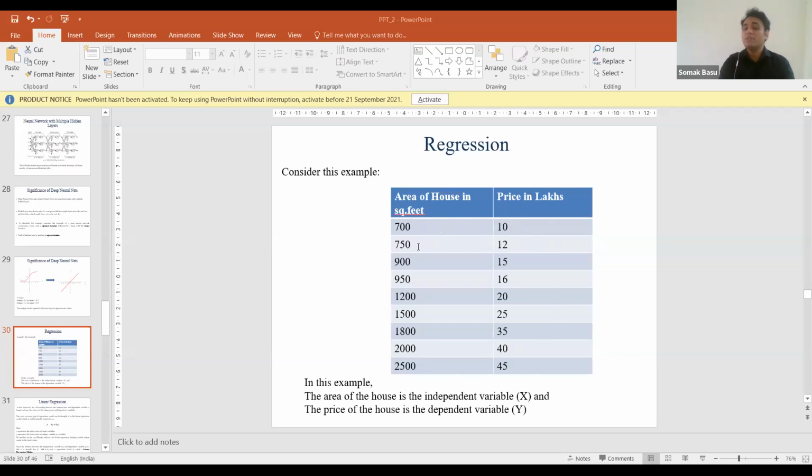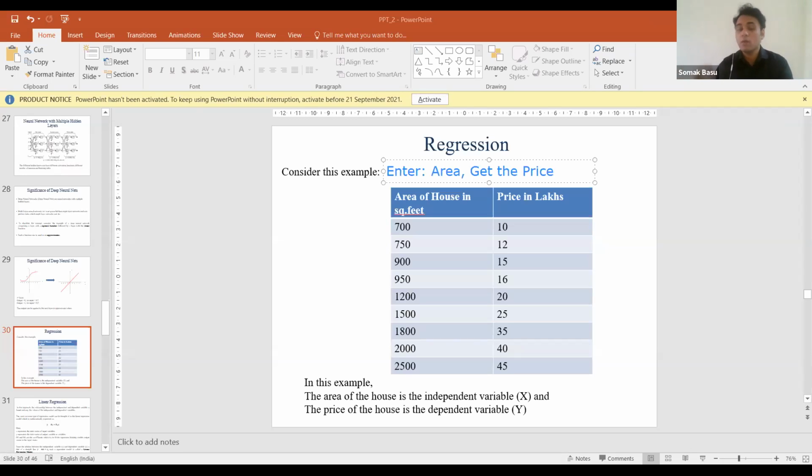What is the relation between the area and the price so that I can create a model in which I'll enter the area and I'll get the price?